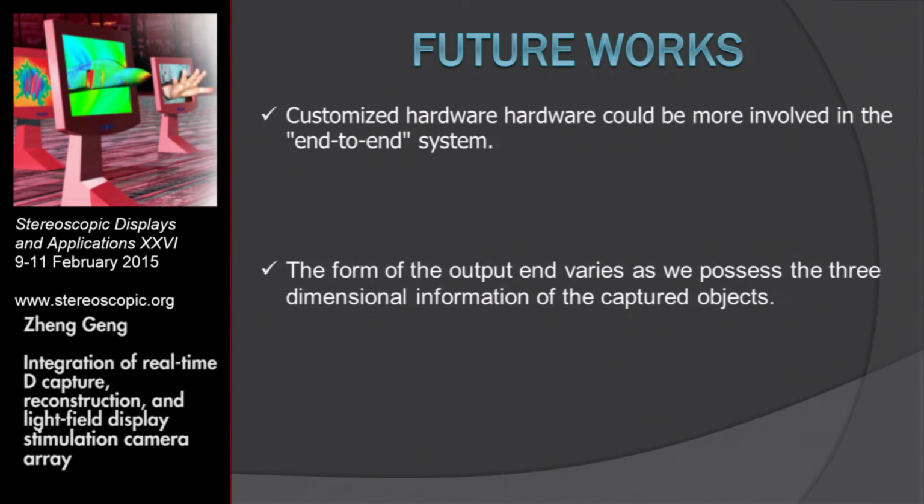And the future work is that we might customize the hardware to accelerate the whole process further, and the form of the output end can vary. Maybe we could use the data to do some 3D printing or other things, not limited to display.